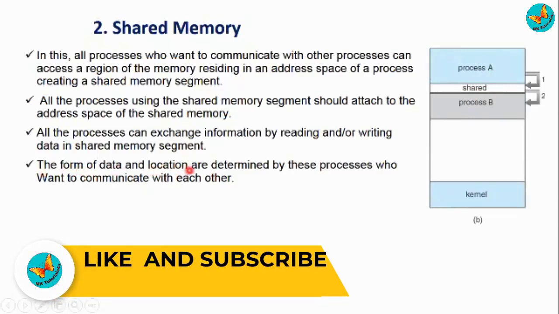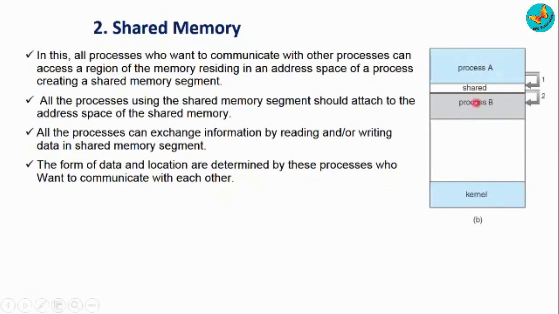Means process A and process B, they both will determine where the data is to be written and what data is to be written, and then they will communicate that with each other. See here, the important thing is that the kernel is not involved in this decision.